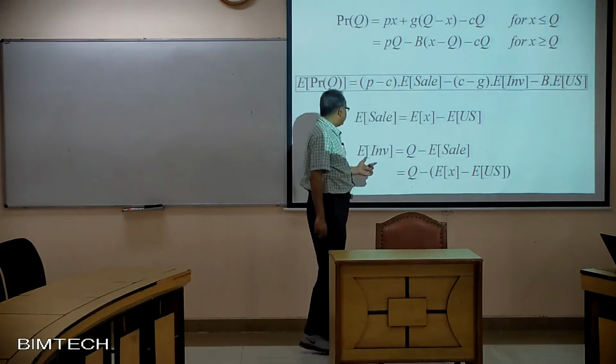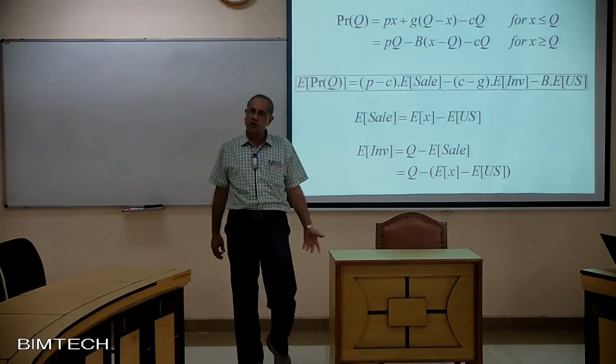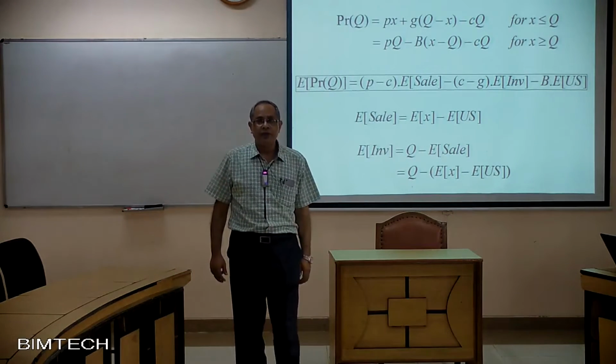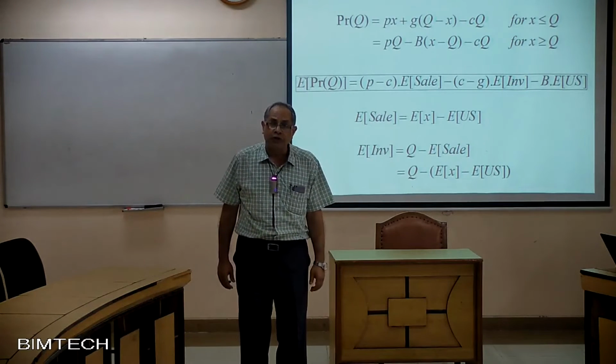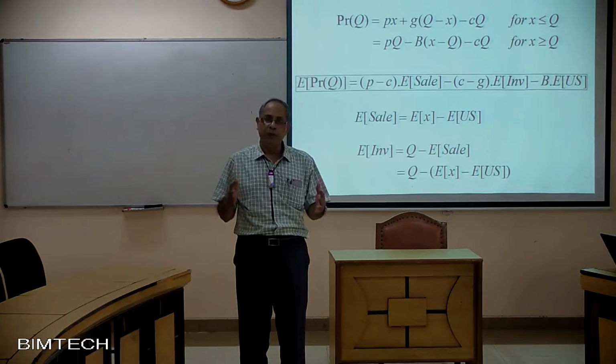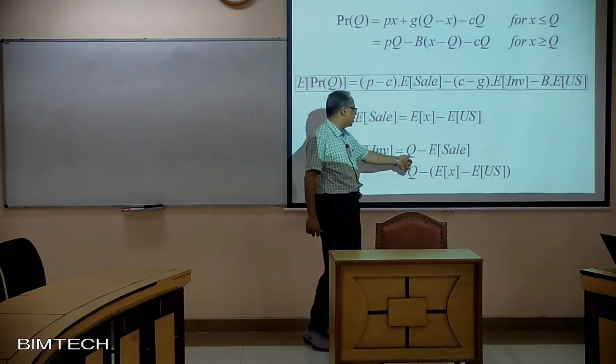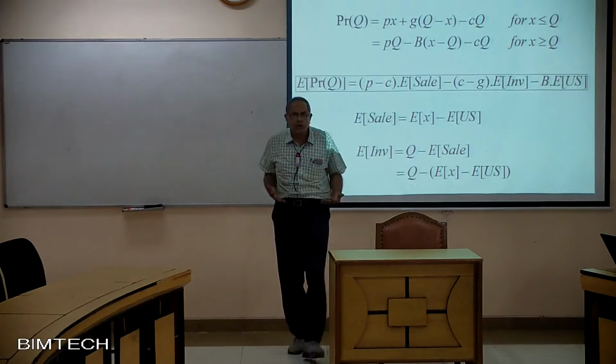Now, what is expected inventory leftover? This is also fairly simple to understand. How much do we have to start with? How much inventory do we have before the demand period begins? We have ordered for Q units, and therefore we start with Q units.